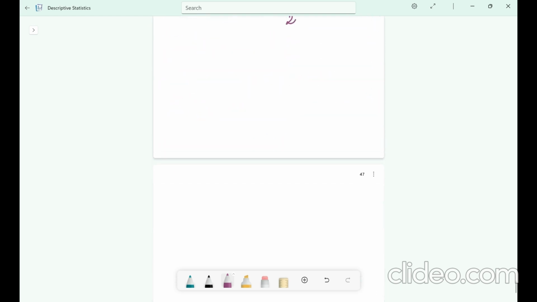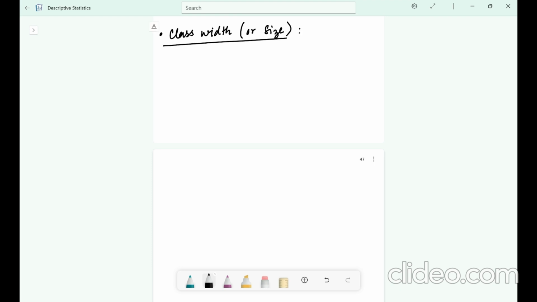Next comes class width or size. Okay? This is just the difference between the upper and lower class limit. For example, if the class interval is 20 to 30, the class width is 10.